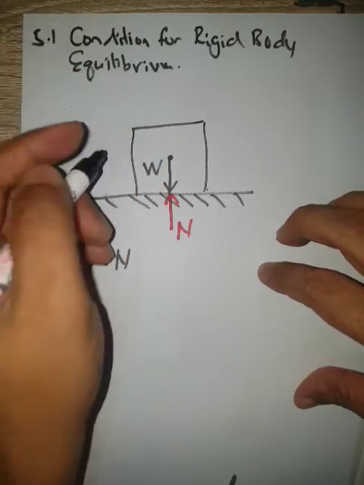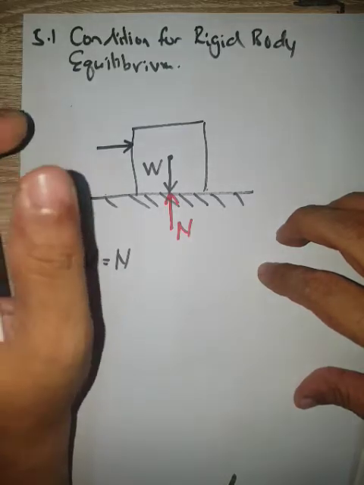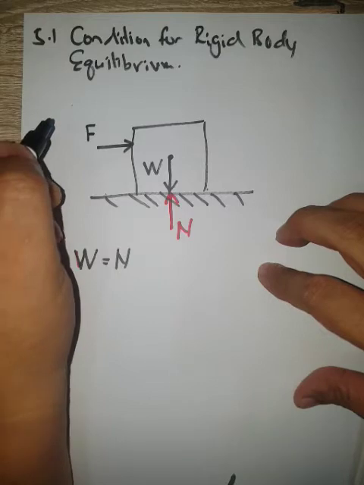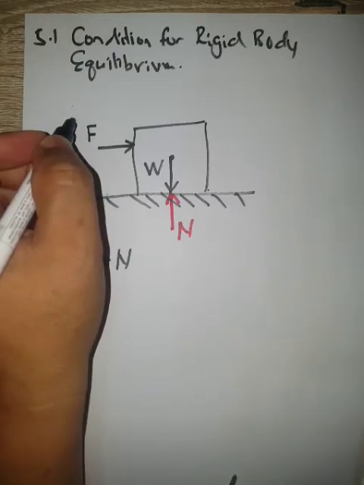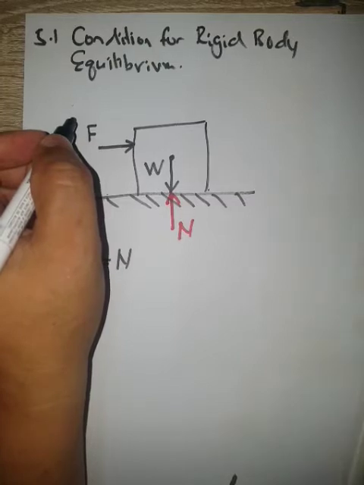Okay, next we try to push the box with a small force to the right. Why doesn't this box move to the right?